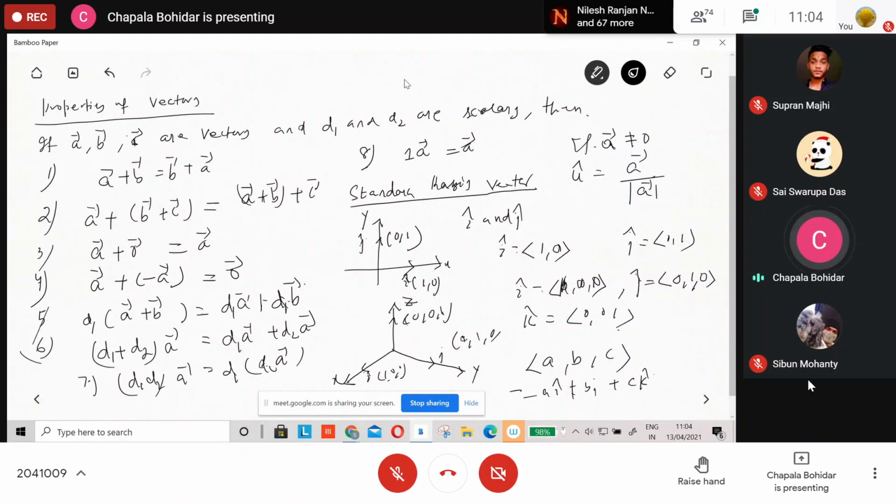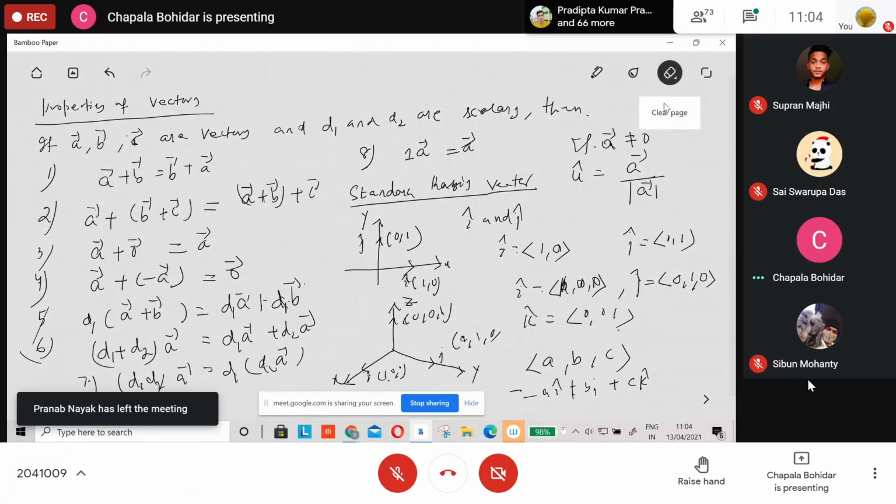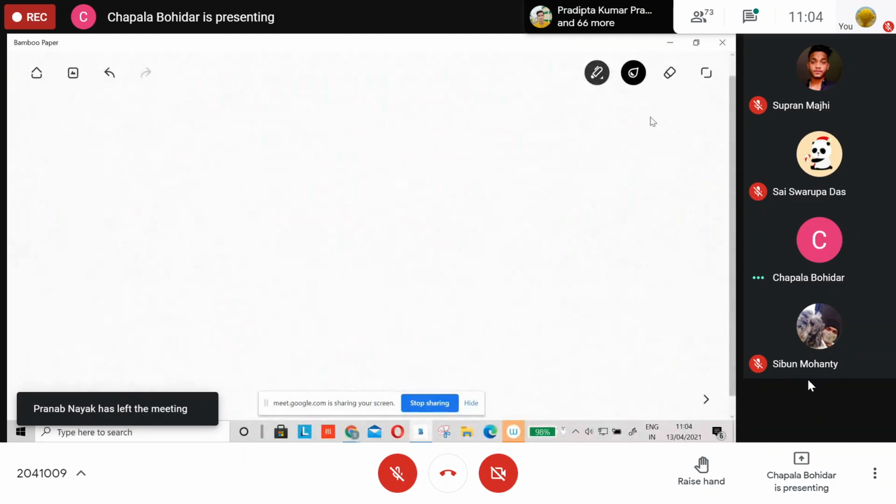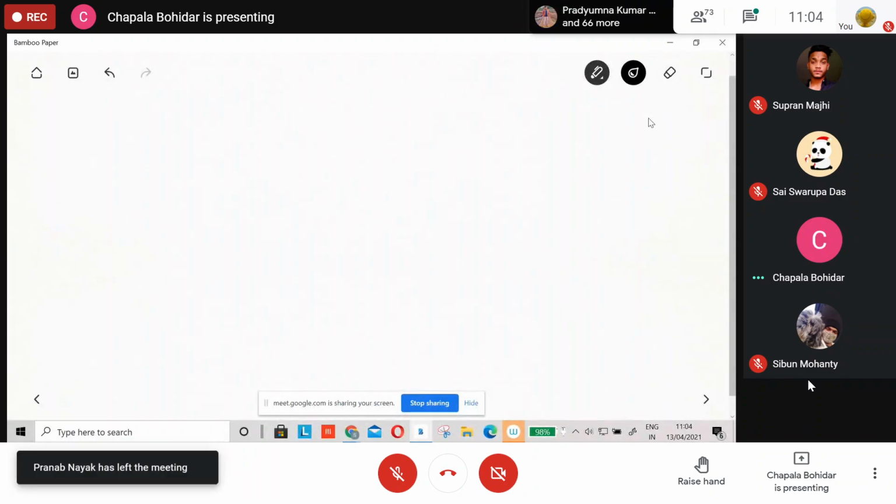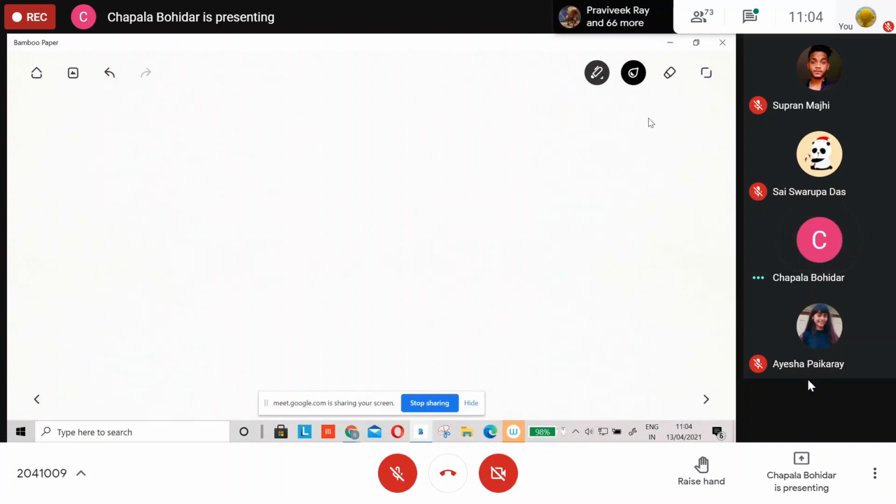That is your example, that is an important one. I'm going to erase this part. Here, the figure is given like this. It is your example 7.